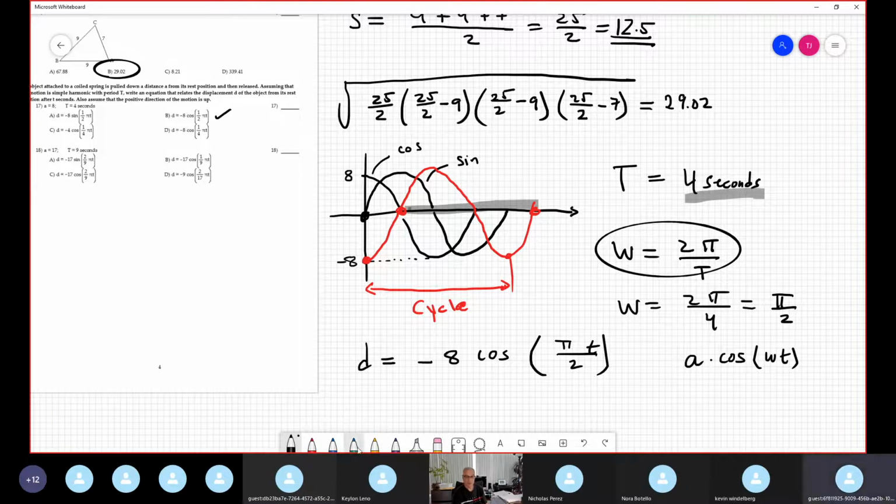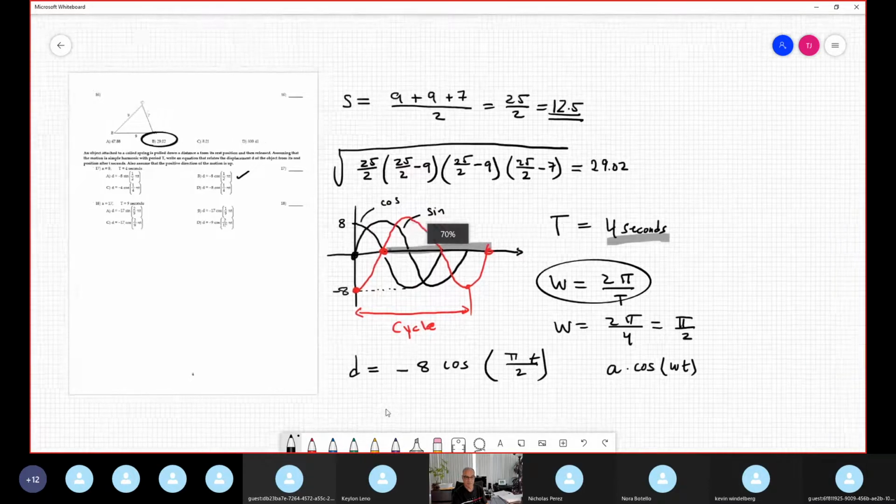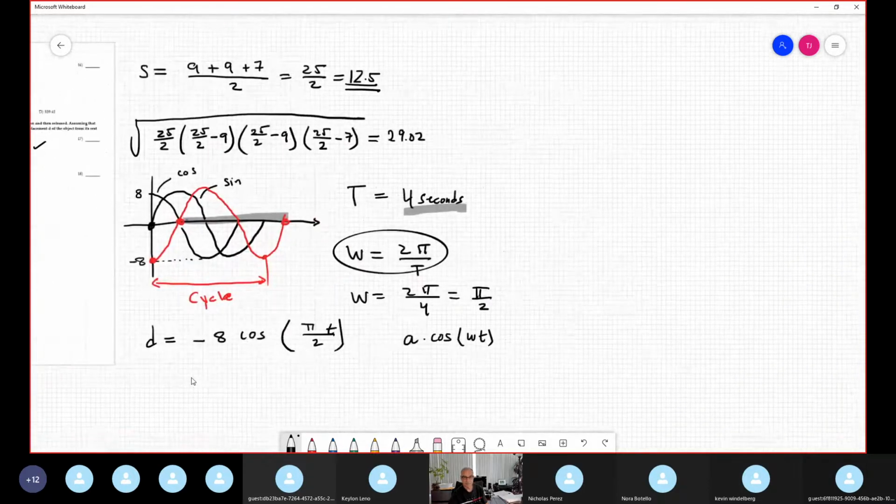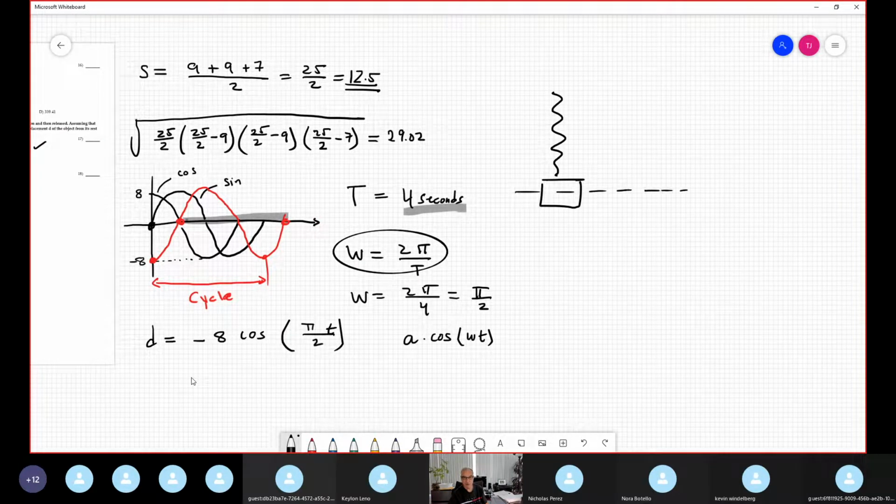Good question. Okay, suppose we have a spring and the mass. And this is the equilibrium position. What does equilibrium position mean? If I don't apply anything, the system formed by spring and mass stays the same.